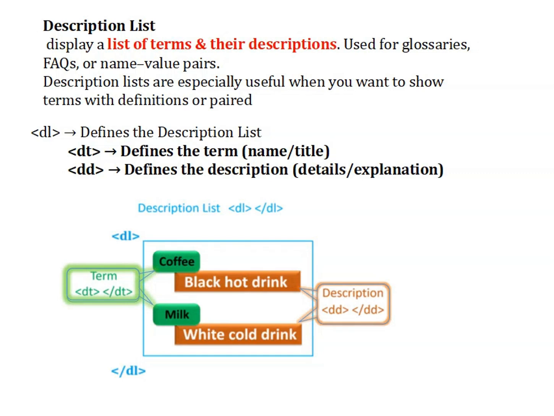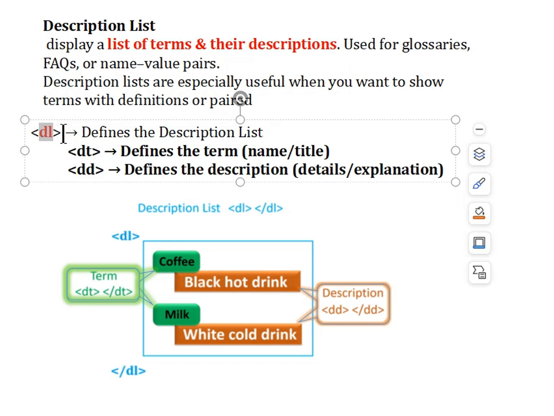Description list. The description list is used when we are going to publish something about glossaries, facts, or name and value pairs. In that case, we can use a description list. So for the description list in HTML, the starting tag will be DL.